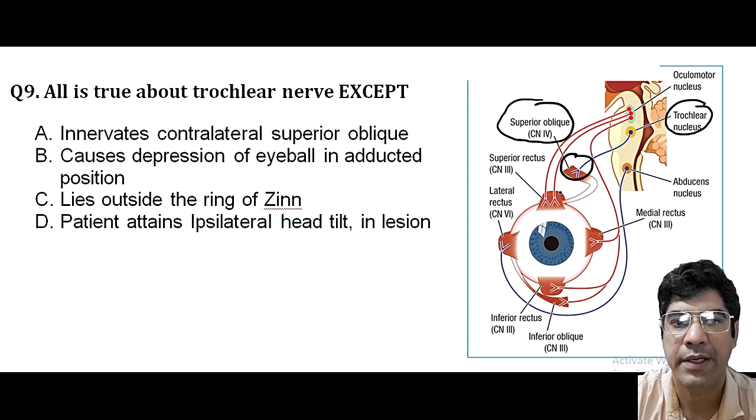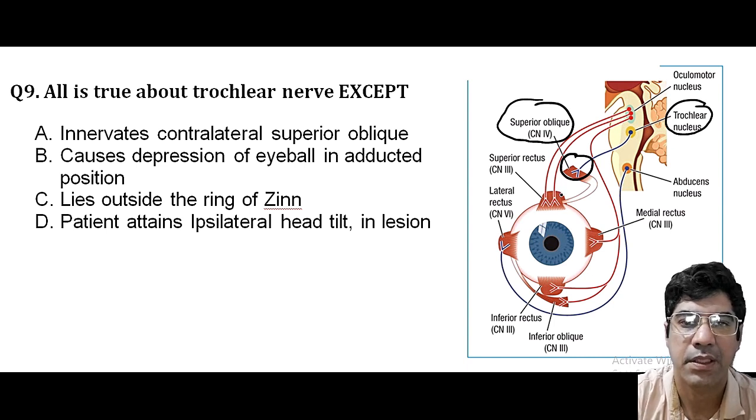Second option, it causes depression of eyeball in adducted position. So the trochlear nerve's main function is to depress the eyeball when the eye is in adducted position. That action would make the eye look downward and inward.